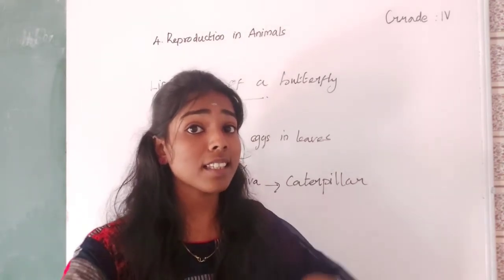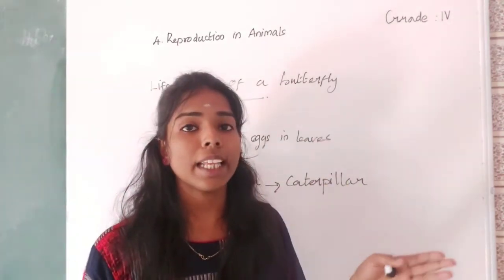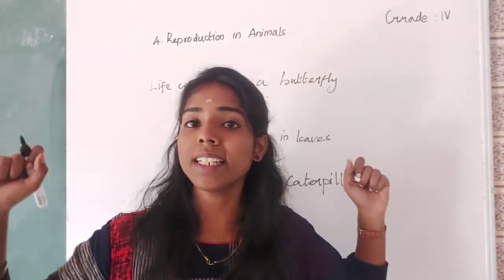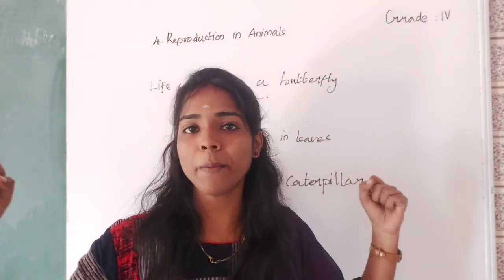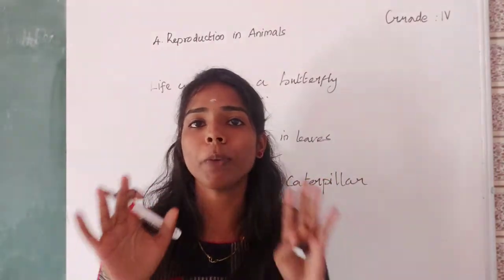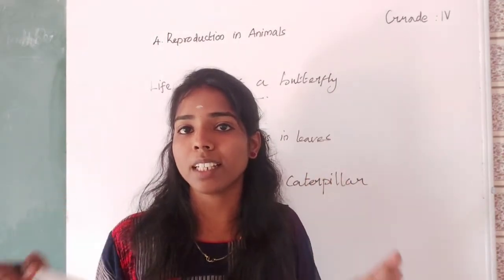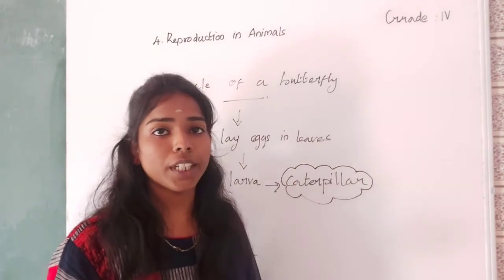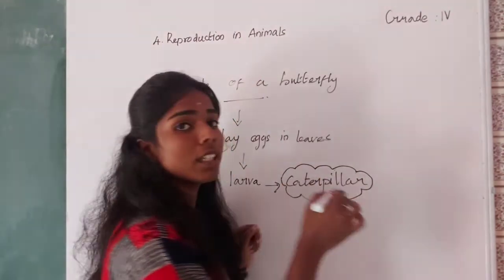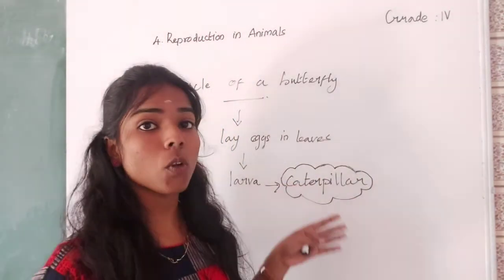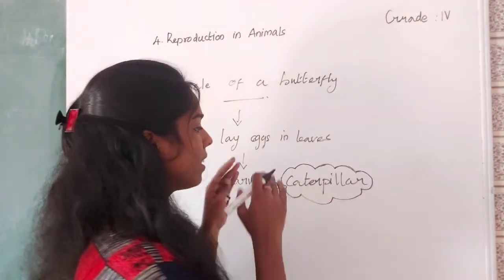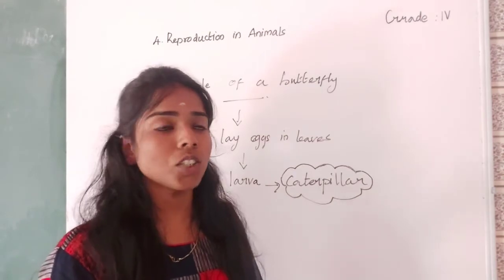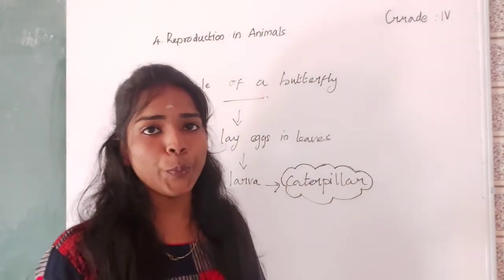After that, it eats a lot of leaves, and a tiny caterpillar becomes a fat and healthy caterpillar. After that, it stops eating. Then the caterpillar starts to build a protective layer called a cocoon. In this stage, the caterpillar is called a pupa.